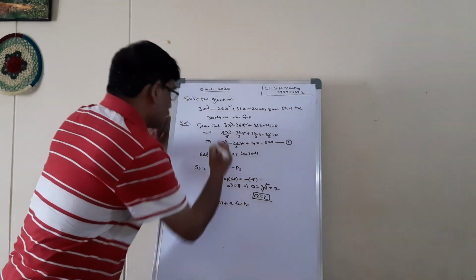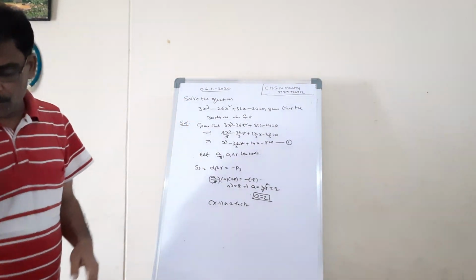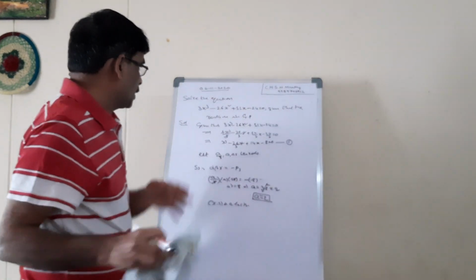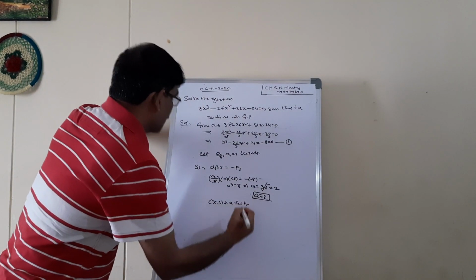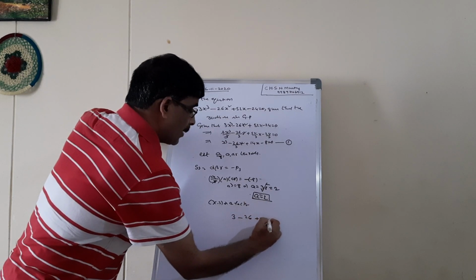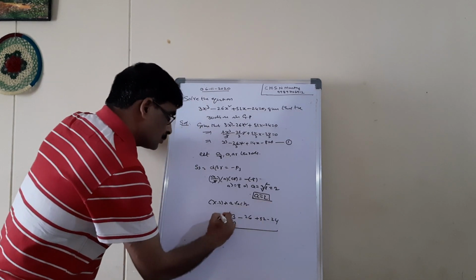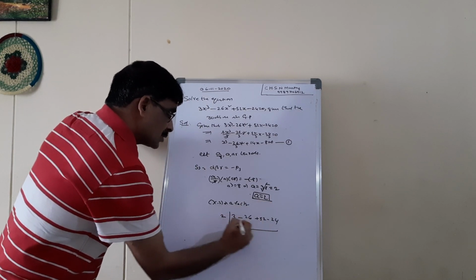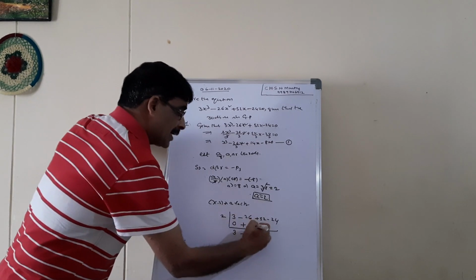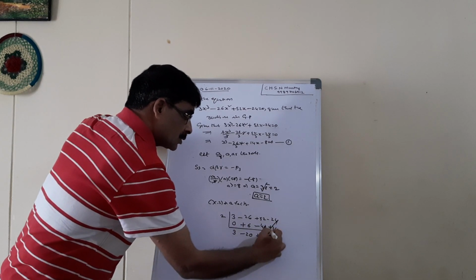Write it one by one. We can write the coefficients 3, minus 26, plus 52, minus 24, and use A equal to 2. 3 twos are 6, which added to minus 26 is minus 20. Then minus 20 times 2 is minus 40, plus 52 is 12. Then 12 times 2 is 24, minus 24 is 0.